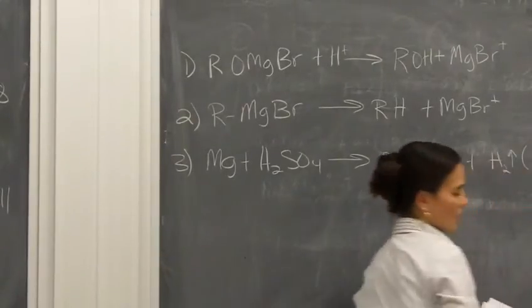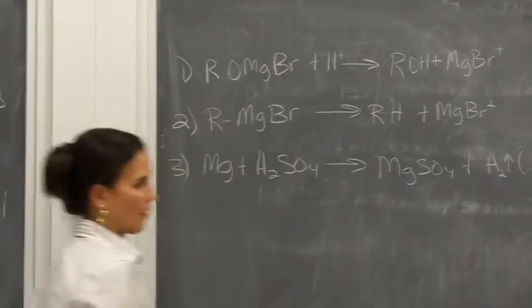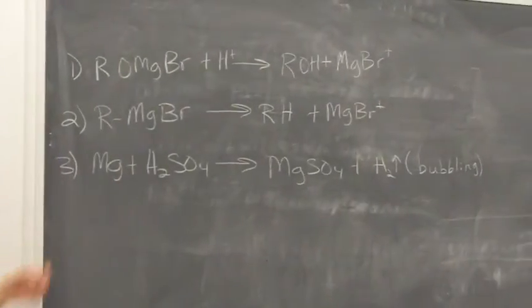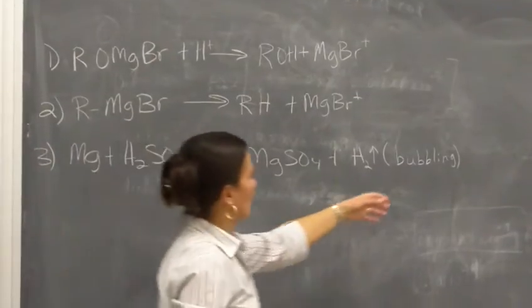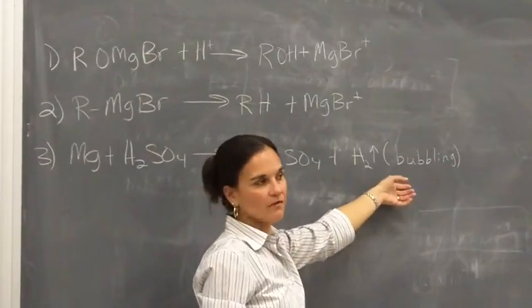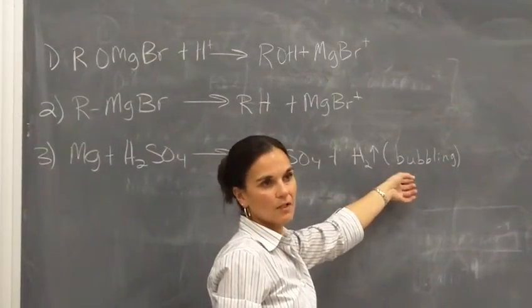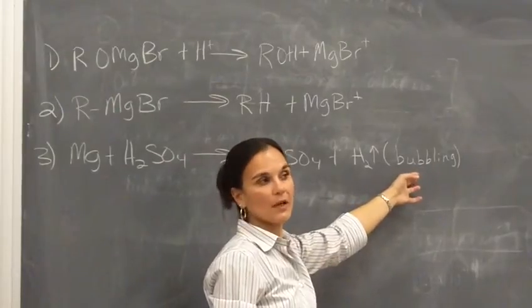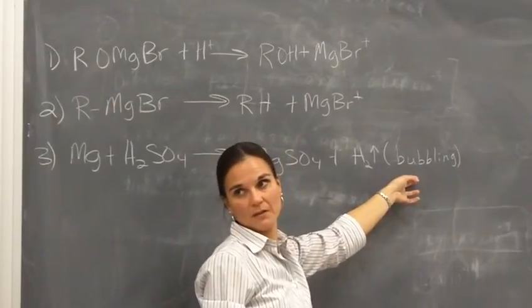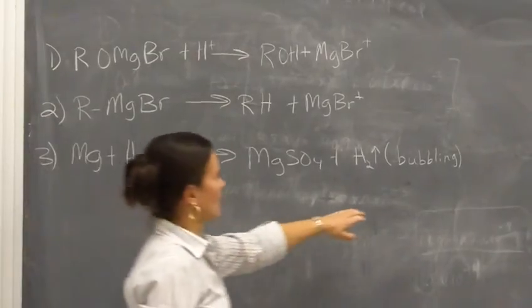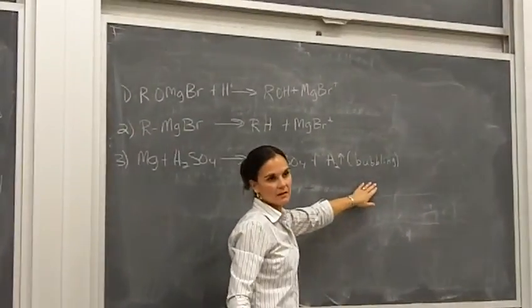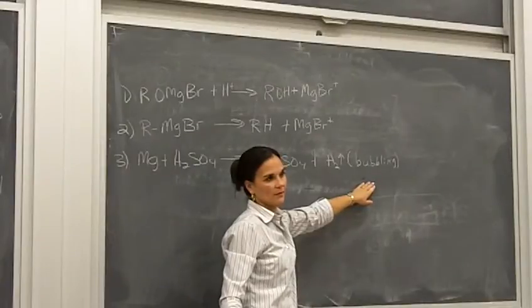That is the formation of the hydrogen gas. Okay? And basically, we want this bubbling to cease before we can proceed. Okay? So we don't want this reaction to keep going once we transfer things to a separatory funnel. So once you've added all of the acid, you're waiting for this to be ended before you transfer to the separatory funnel. Okay?